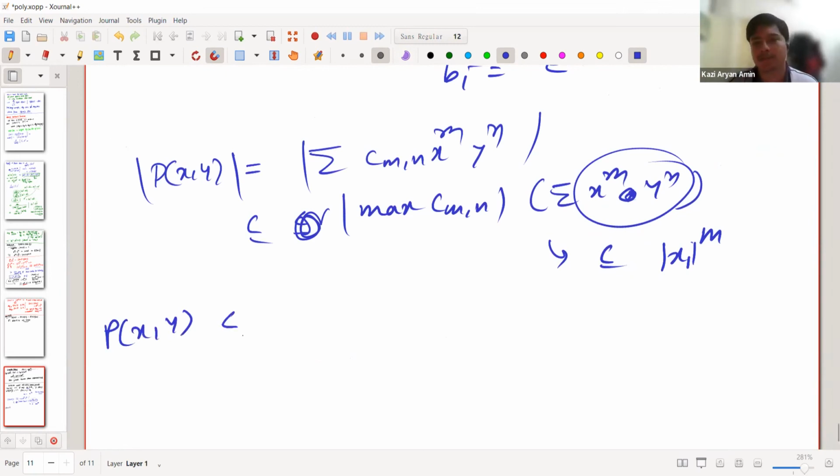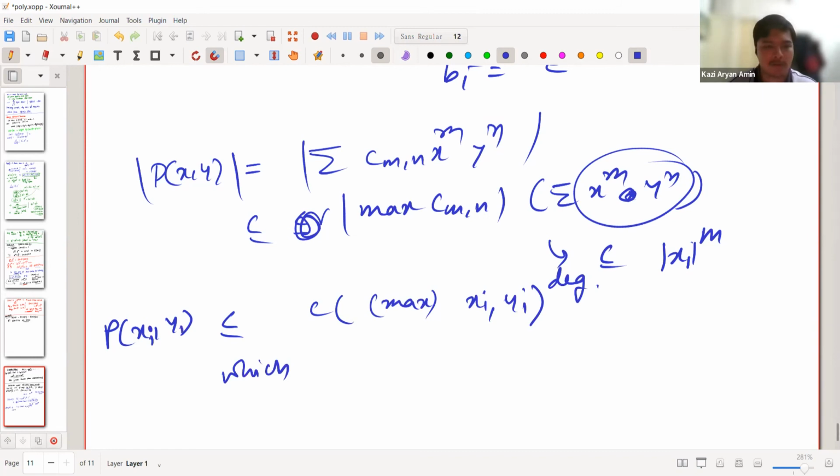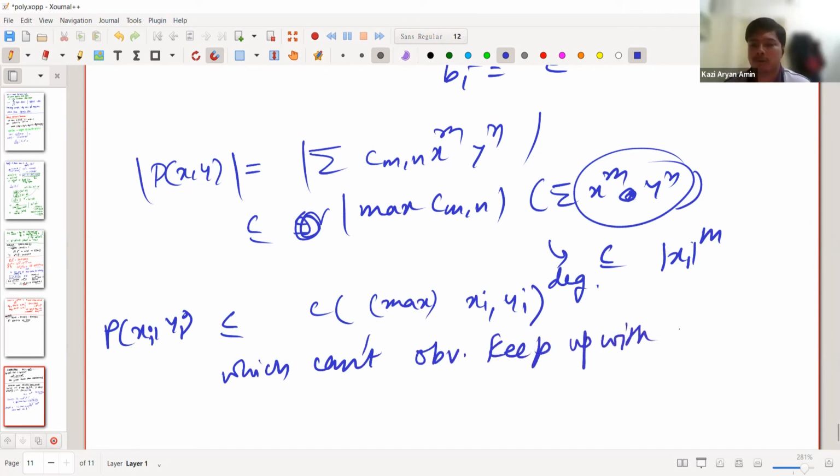So p of x_i, y_i is at most something like max of x_i comma y_i whole to the power degree, which can obviously not keep up with exponential sequences.